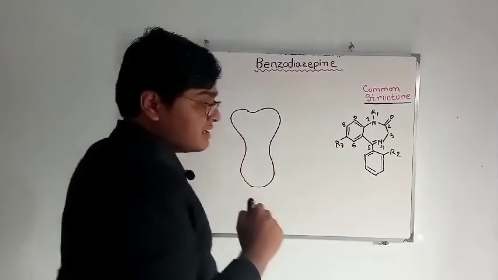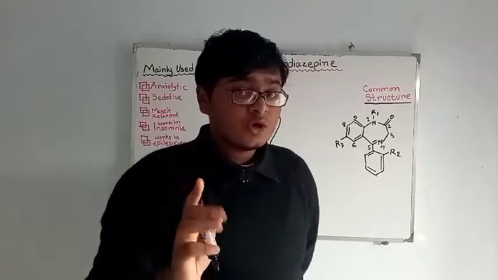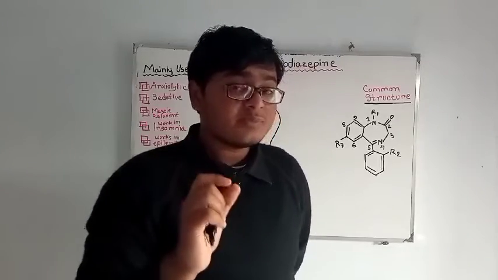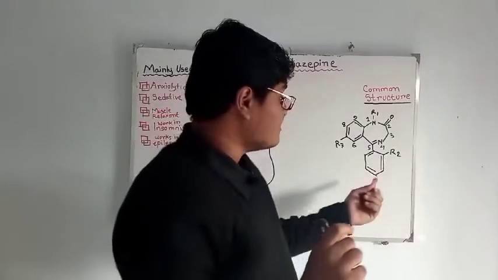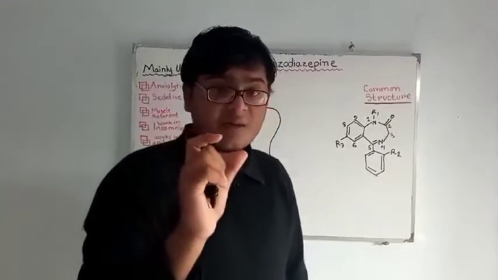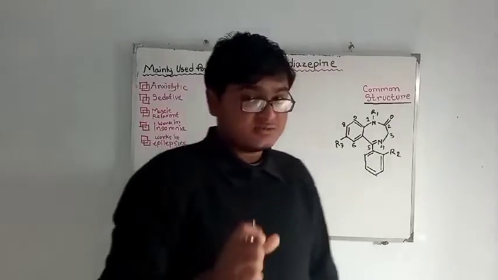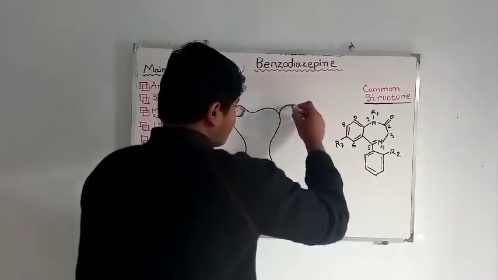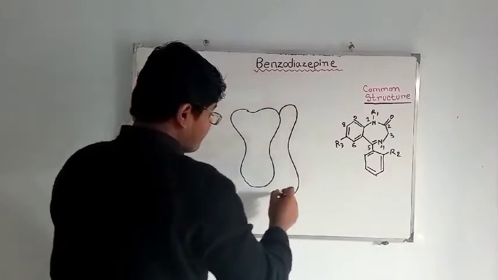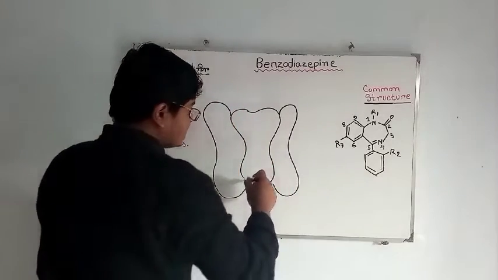By the way, there are 3 types of GABA receptors: GABA A, GABA B, and GABA C. We'll only describe the GABA A receptor, because diazepam attaches to the GABA A receptor and gives us the pharmacological action. The receptor looks like this.